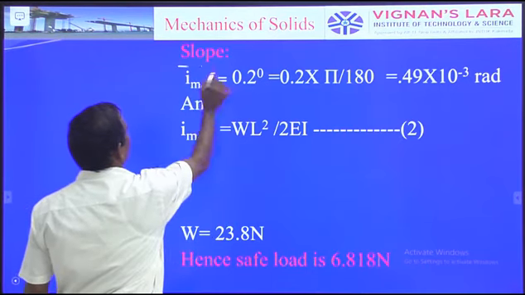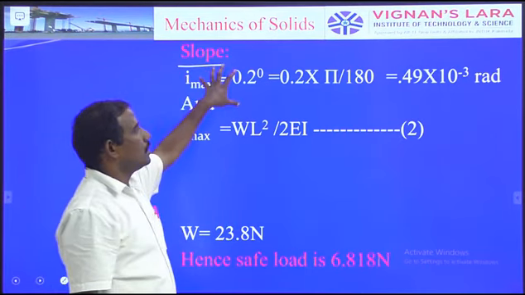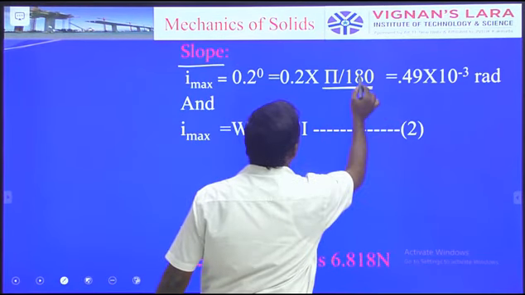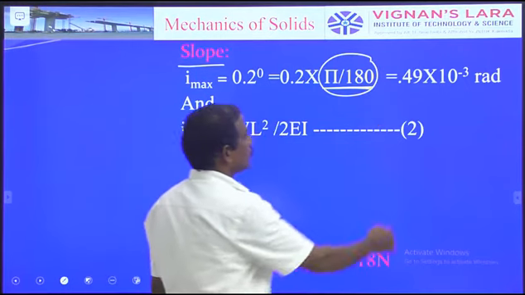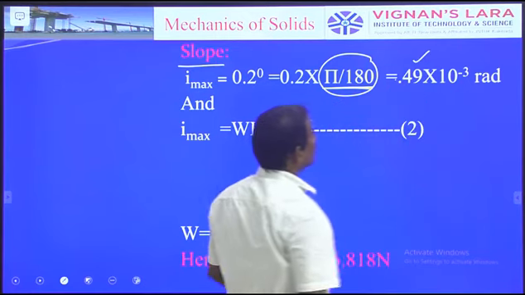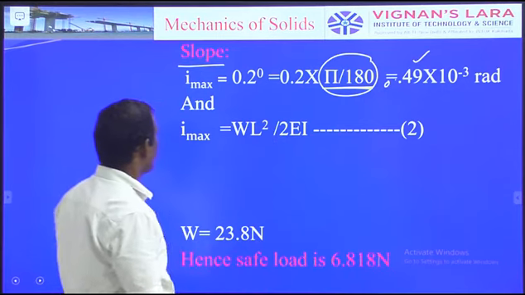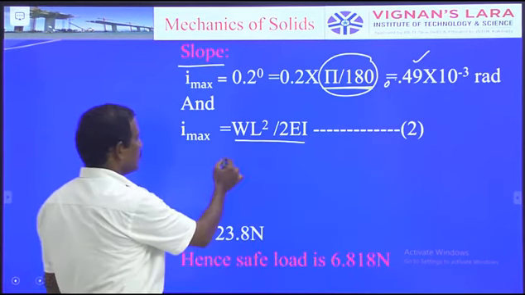Then we know the slope. What about the slope? That is given as 0.2 degrees. For the calculation purpose, that must be converted into radians, that is multiplied by pi by 180. It is 0.49 into 10 to the power minus 3 radians. And we know the formula which is derived, that is W L square by 2 EI.